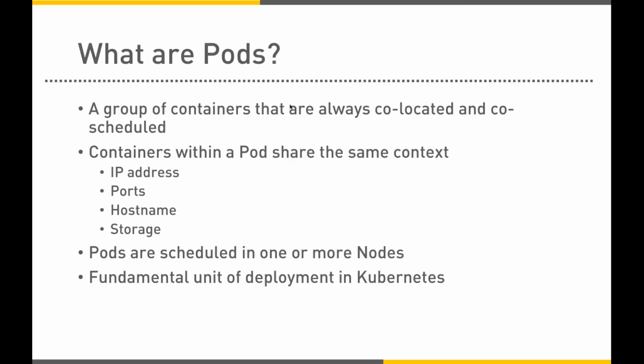But if you're wondering if you can package a database container and a web server container, that's a bad idea. The reason is, when you scale your pods, the containers that belong to the pod will also get scaled, which means the database will also get scaled, and then all the instances of the database would be out of sync. So ideally, containers that are clubbed together as a pod should be stateless, and they shouldn't really have dependencies on other containers or other pods running in the cluster.